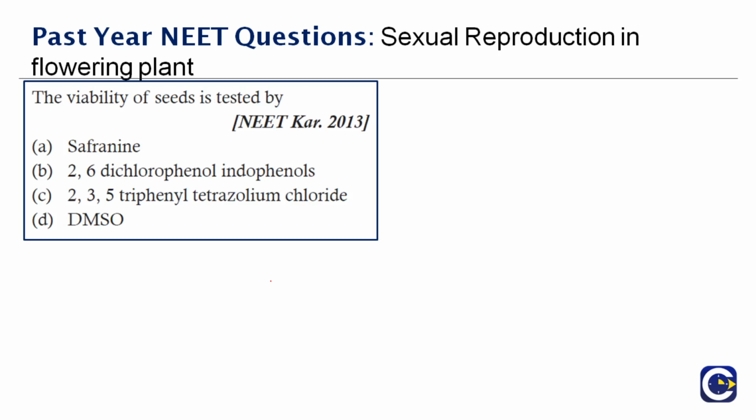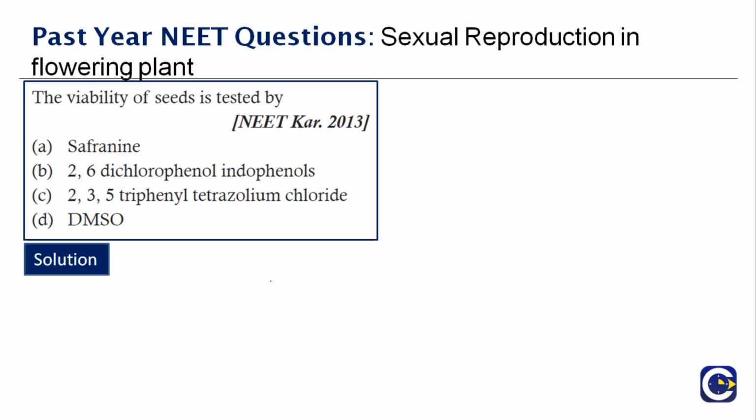Next question here. The viability of the seeds is tested by dash. So this I think many might not be aware of. I'll give you the answer. The right answer is option C, 2,3,5-triphenyl tetrazolium chloride. The dehydrogenase enzymes present in living tissues reduce the tetrazolium chloride to form a reddish, water-insoluble compound. These reactions occur in or near living cells which are releasing hydrogen in their respiration process.